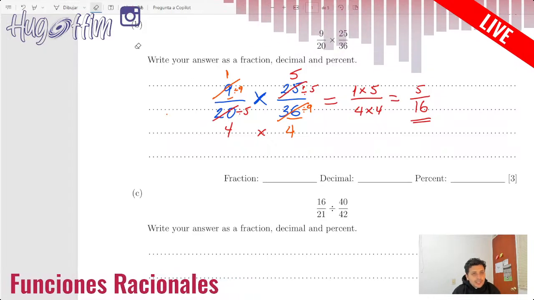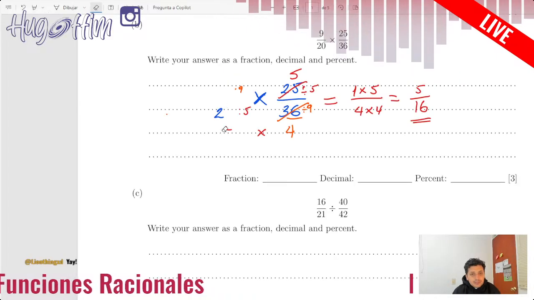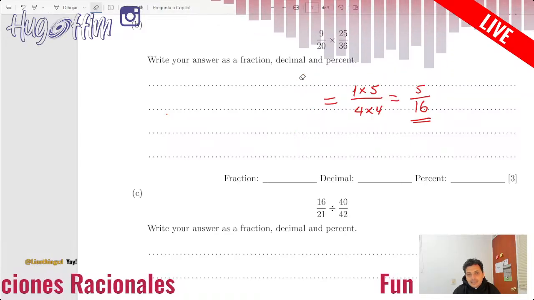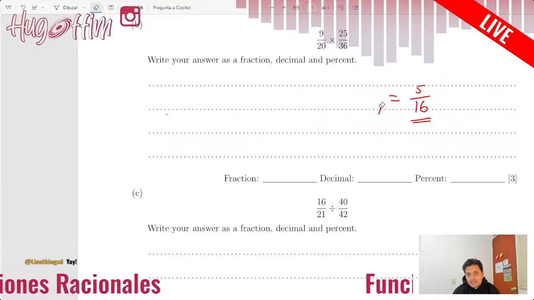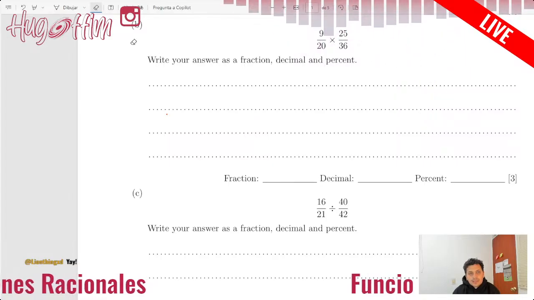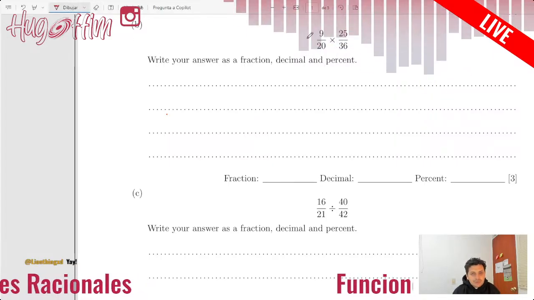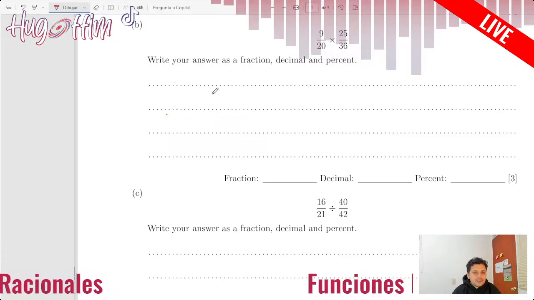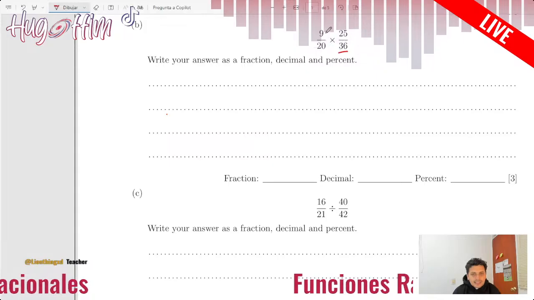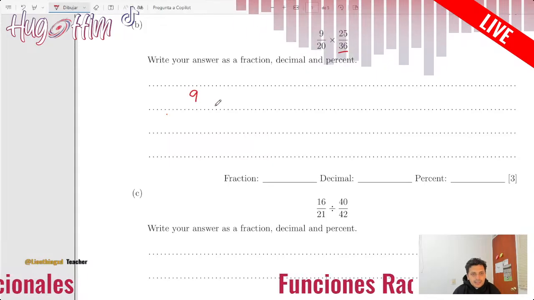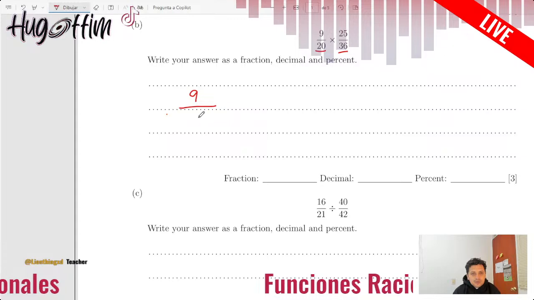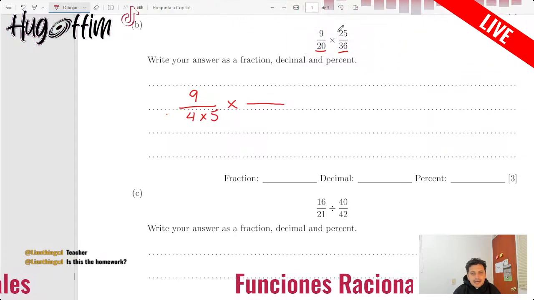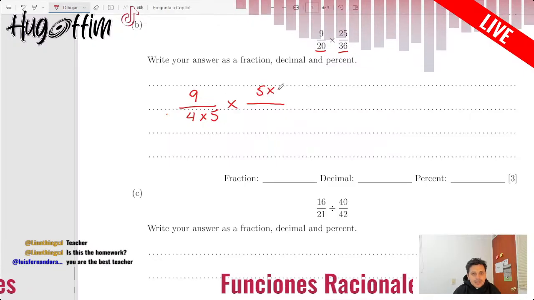Option number 2 is that you rewrite each number as the product of two numbers, so you can cancel the factors. I can rewrite 36 as 9 times 4, 20 as 4 times 5, and 25 as 5 times 5.